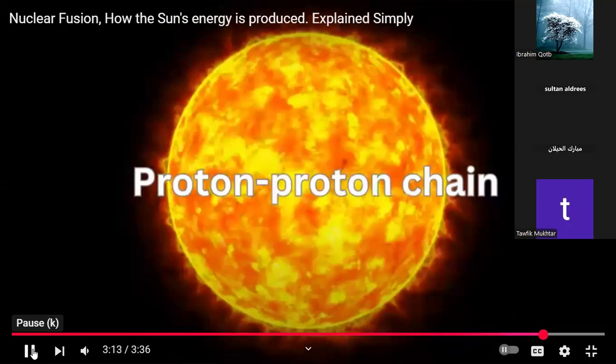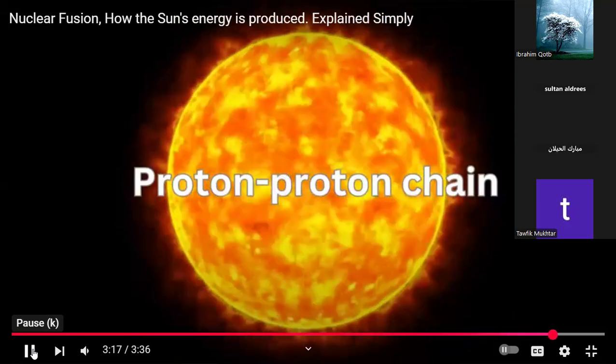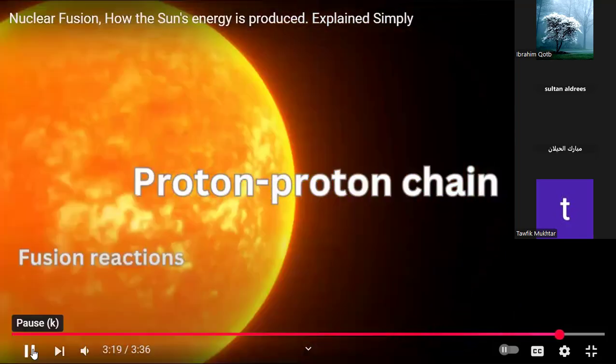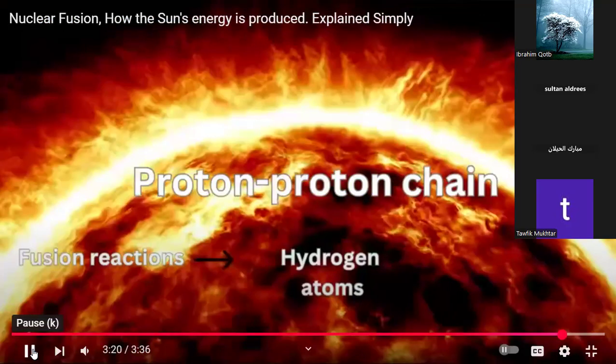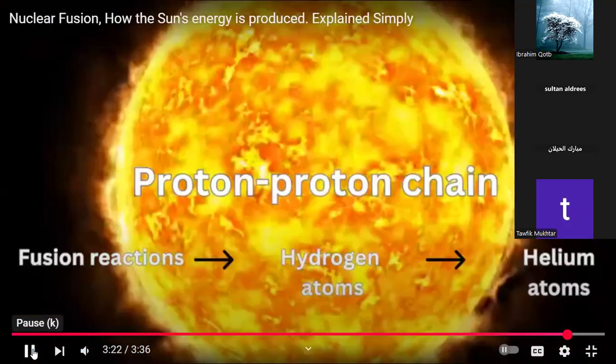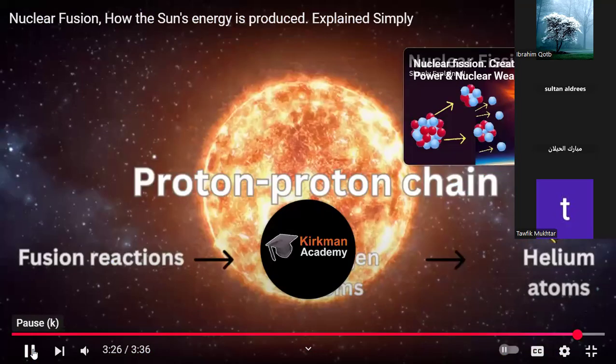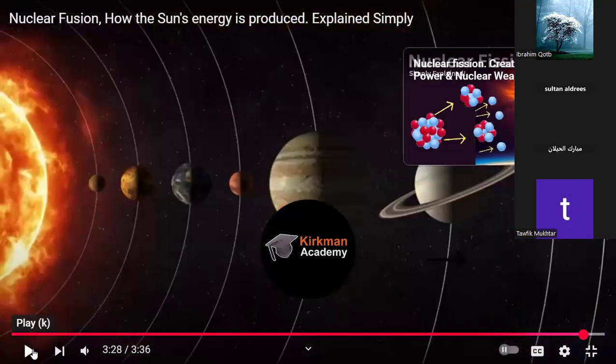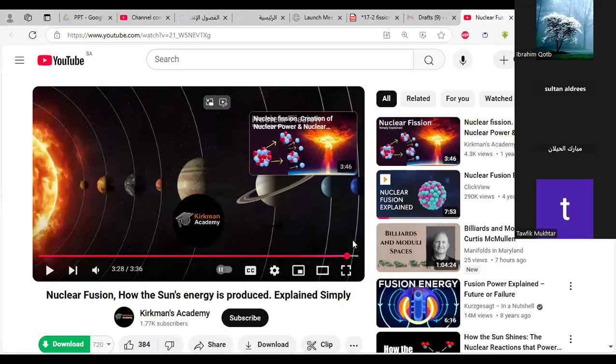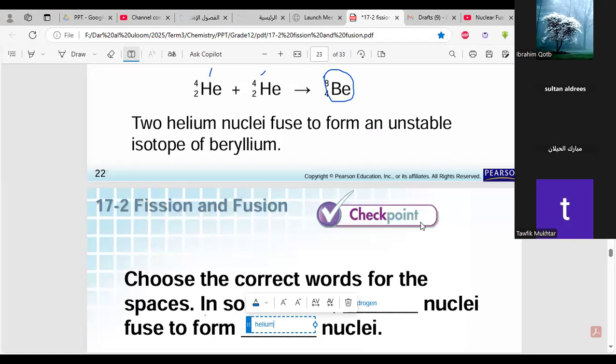The proton-proton chain, in its entirety, consists of a succession of fusion reactions that change hydrogen atoms into helium atoms, releasing energy in the form of gamma-ray photons and other particles. So the conclusion is, when hydrogen atoms collide and fuse together, they form helium nuclei and energy in the form of alpha and beta radiation.